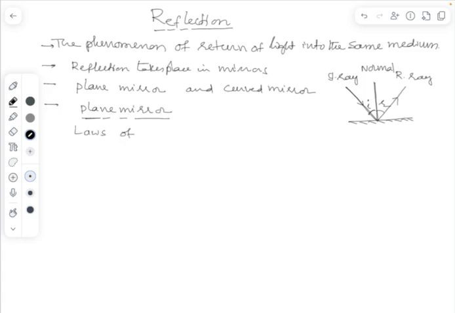Laws of reflection. Incident ray, reflected ray, and normal lie in the same plane.